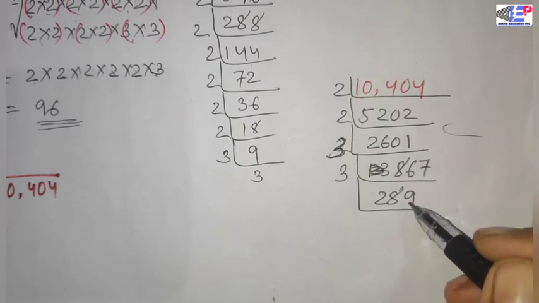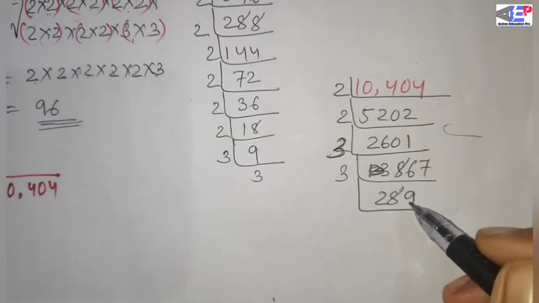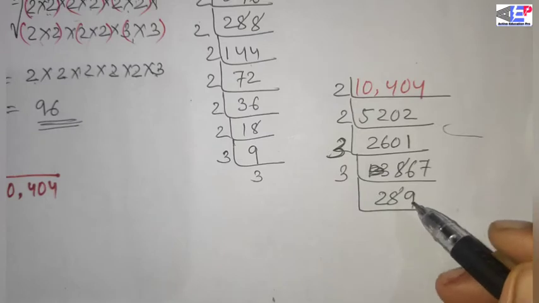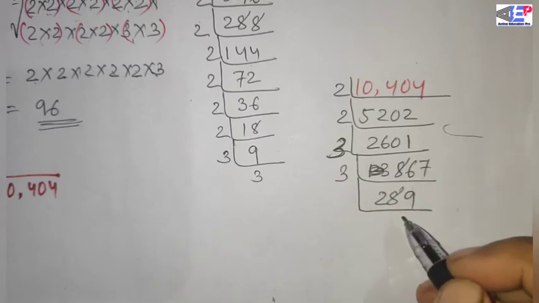You know the divisibility property of 5: if it contains 0 or 5 at its unit place, then it is divisible by 5. It is not divisible by 5 because it contains 9. Similarly check for the prime numbers 7, 11, 13. Finally this number is divisible by 13.